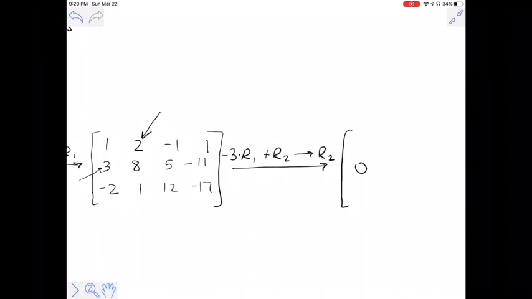Now, -3 times that entry in row 1 is -6, and then add that to 8. -6 plus 8 is 2. Now, -3 times this entry is 3, and then 3 plus 5 is 8. And then -3 times that entry right there in row 1. -3 times 1 is -3. -3 plus -11 is -14.